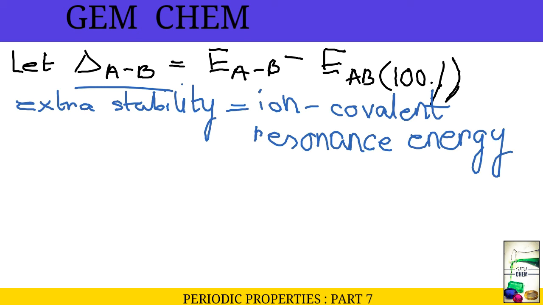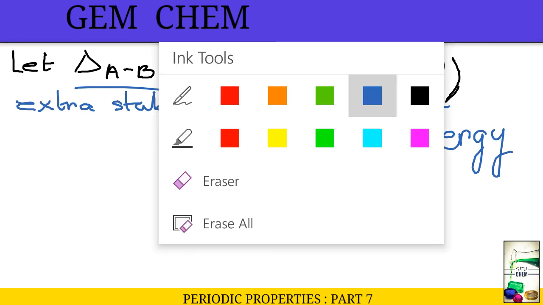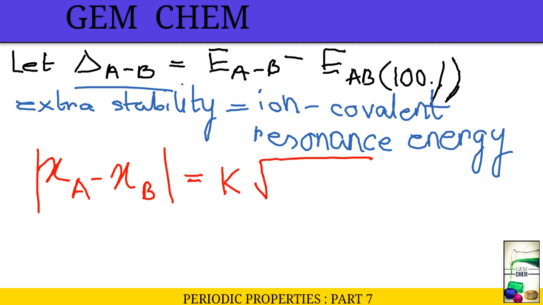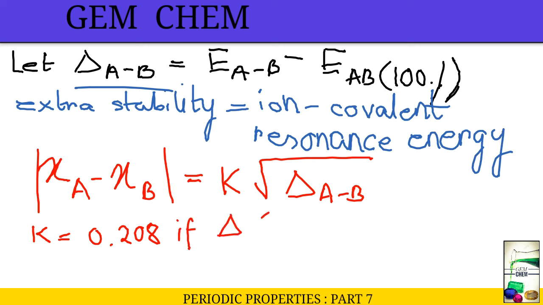Based on this idea, Pauling further proposed that the difference in electronegativity must be related to delta AB, and he proposed this relation: the absolute value of chi A minus chi B equals K root over delta AB, and the value of K is 0.208 if delta is taken in kilocalorie per mole.